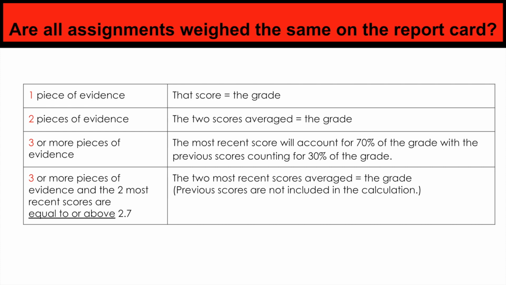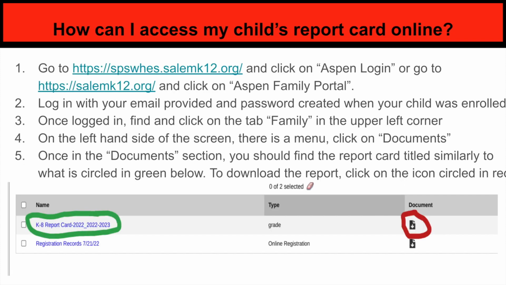How can I access my child's report card online? I always tell families not to Google Aspen, because it is going to take you to a different school district's Aspen website. So the safer way to access Aspen is going to the Salem Public Schools website or the Witchcraft website.